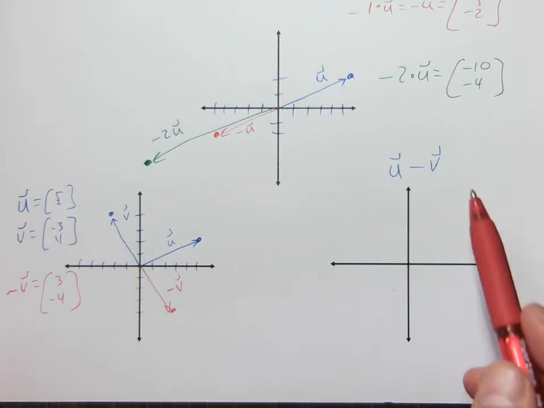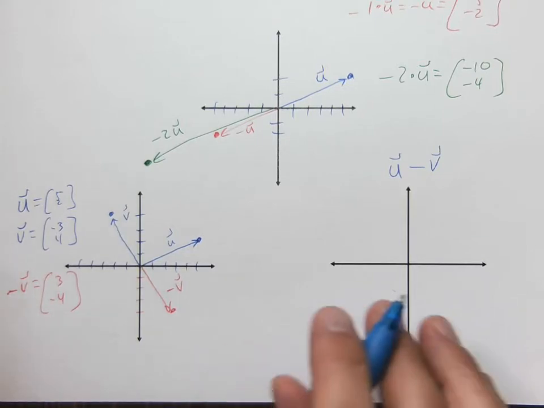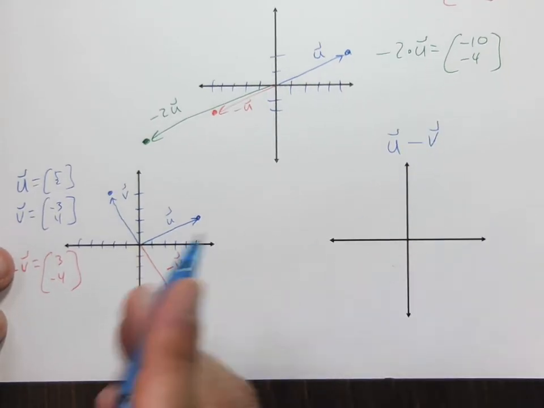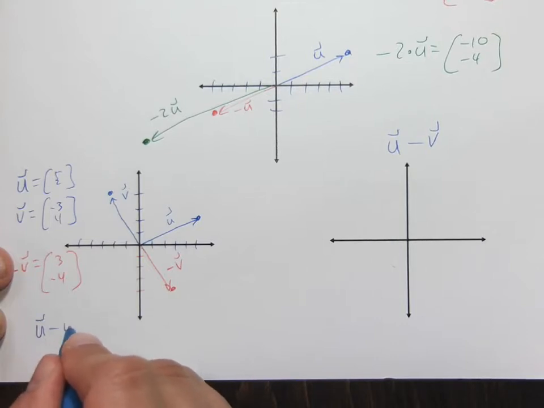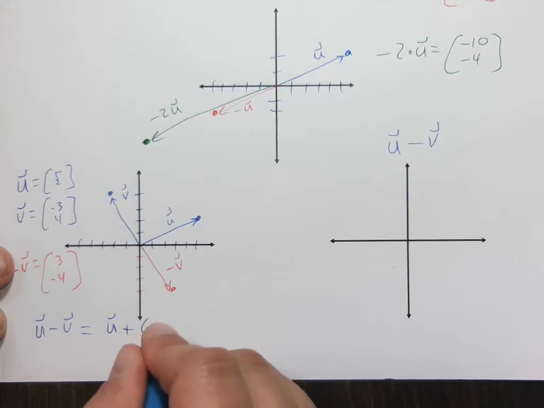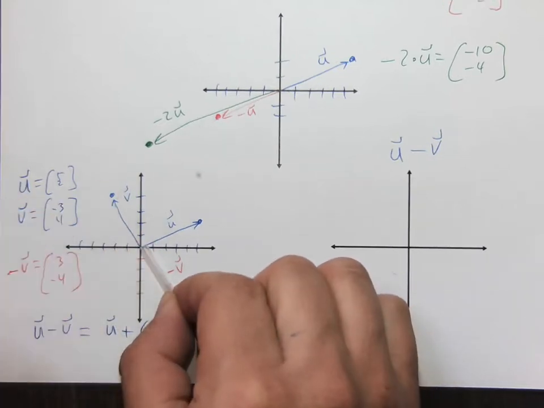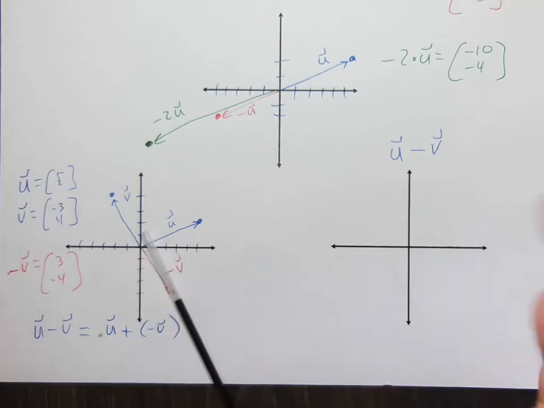So if we wanted to do u minus v, which we're going to draw over here in a second, we're just working out the details here. u minus v is the same thing as u plus minus v. You can add the negative. And so we can do the thing we just did on the last page: if we want to add minus v to u, we copy minus v and add it to the end of u. So here I am copying v, that length, that direction.